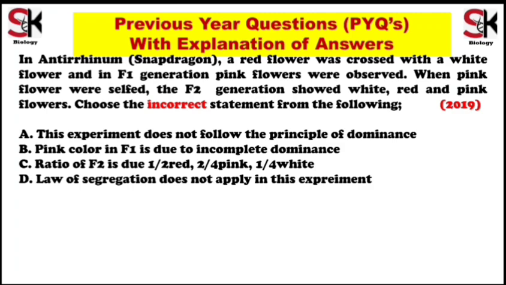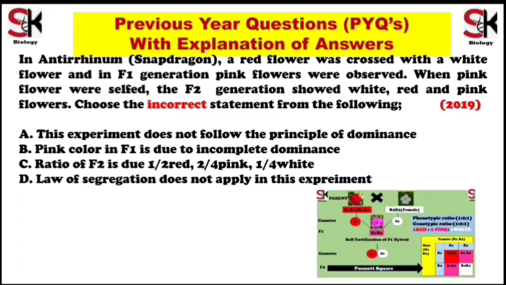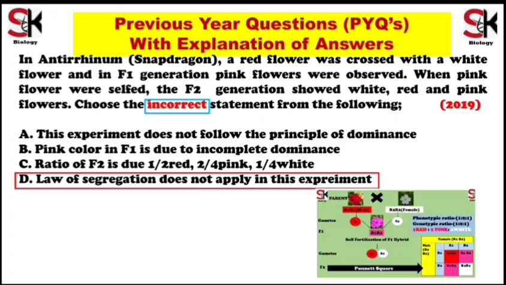This snapdragon plant is showing characteristics of incomplete dominance. First three options A, B, C are showing characteristics of incomplete dominance. The last one is the incorrect statement, that is law of segregation does not apply in this experiment, which is not correct. So here the correct option will be D.